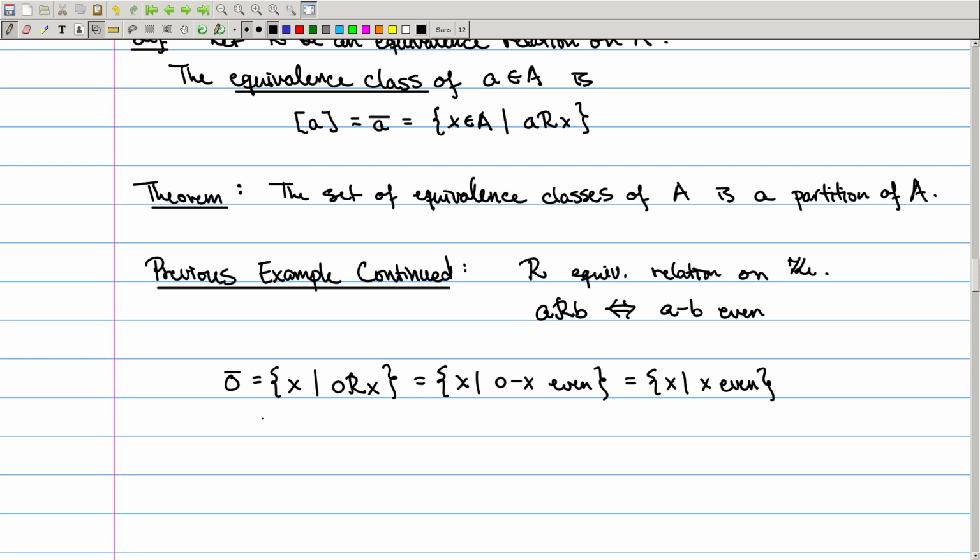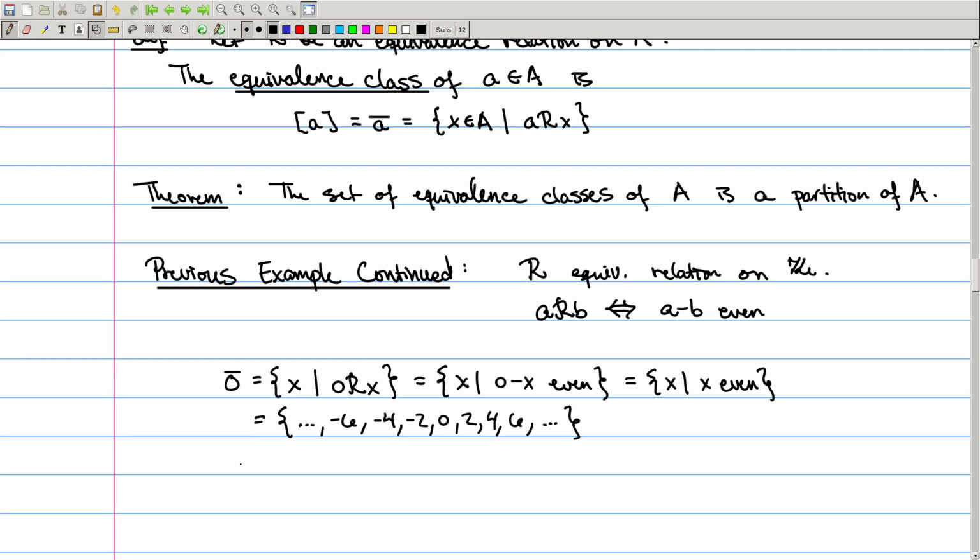And if I want to write that out in element-wise form, it's going infinitely in the negative direction and the positive direction. So I've got dot dot dot, minus 6, minus 4, minus 2, 0, 2, 4, 6, and dot dot dot, so on and so forth. So this is the equivalence class of 0.